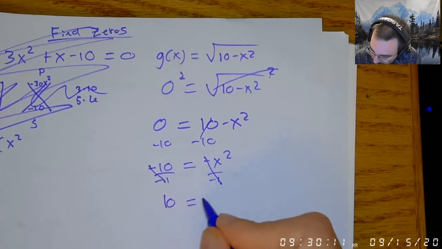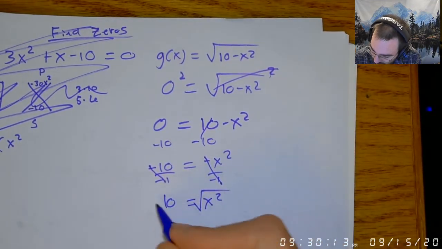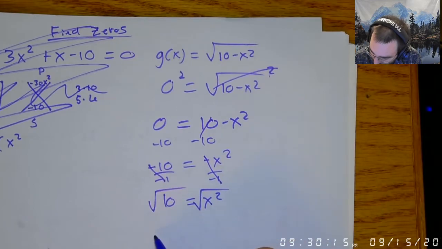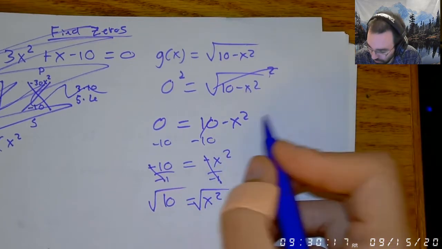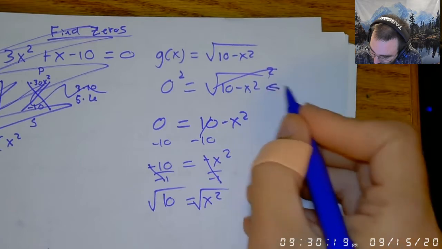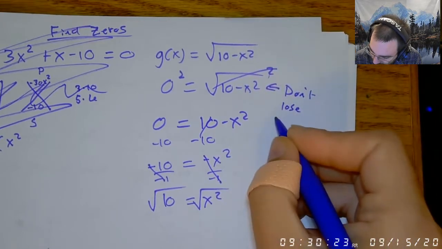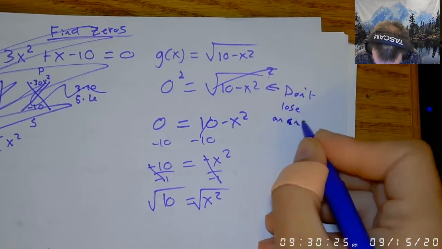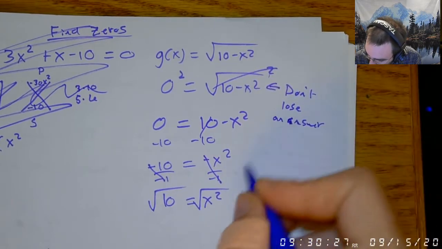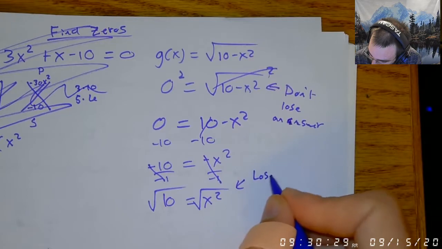You get 10 equals x squared, then square root. So this is where you lose an answer. Right here, you don't lose an answer. Here you lose an answer.